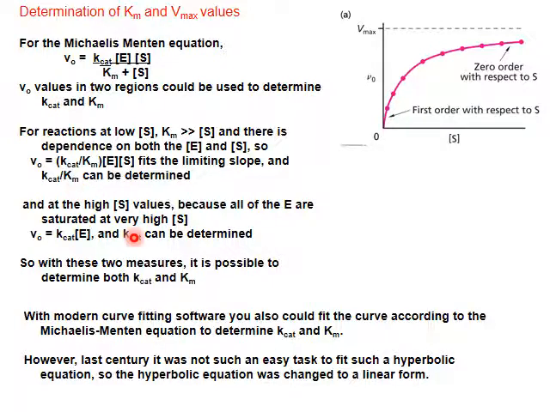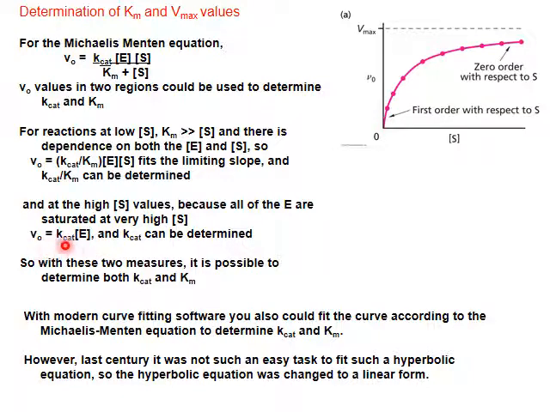All right, if we're at high concentrations of S, we're saturating, and the reaction becomes zero order with respect to S. So our initial velocity reaction is just based on enzyme amount. And so it becomes V0 equals k cat times E, and because everything's in the ES form, it doesn't matter if we add more S, it's not changing anything.